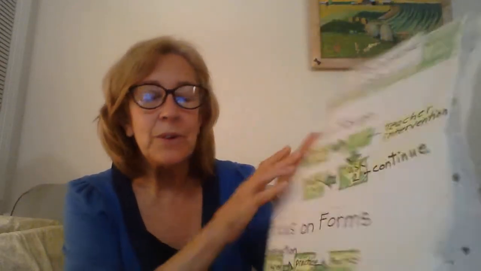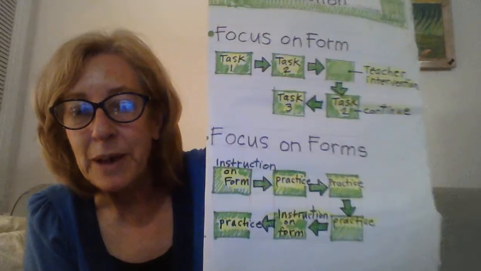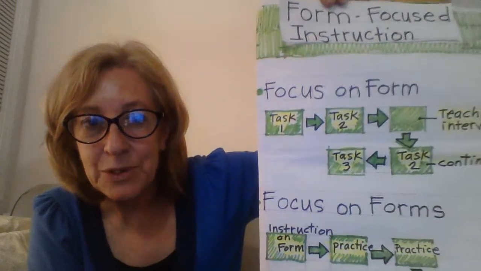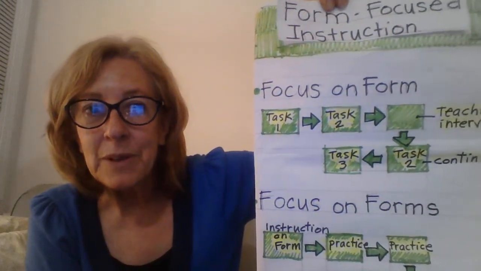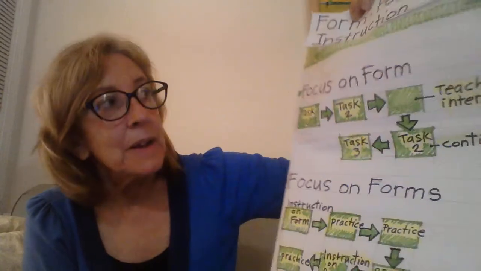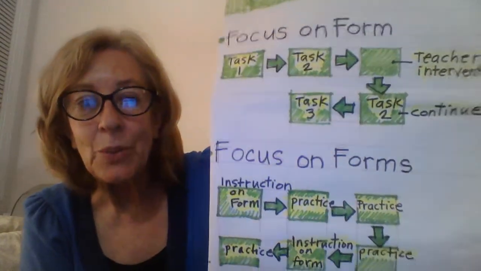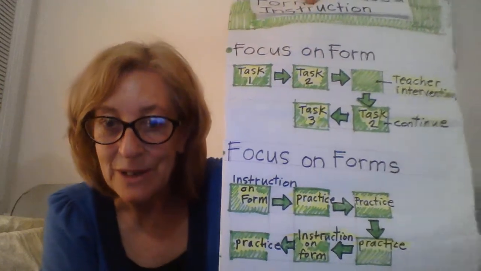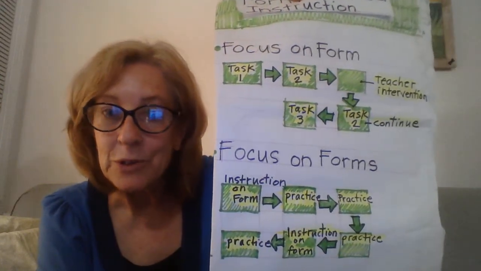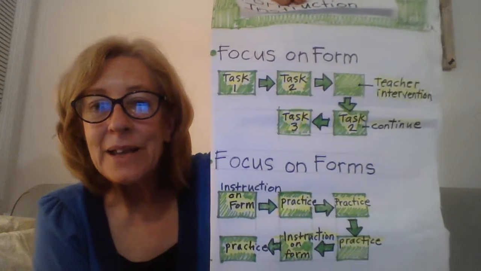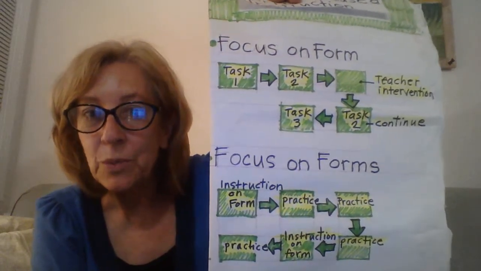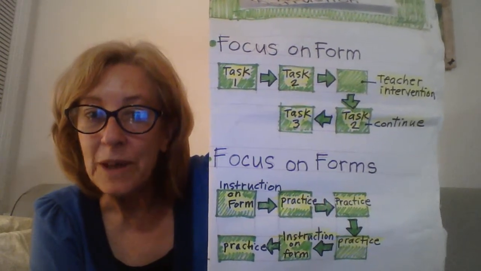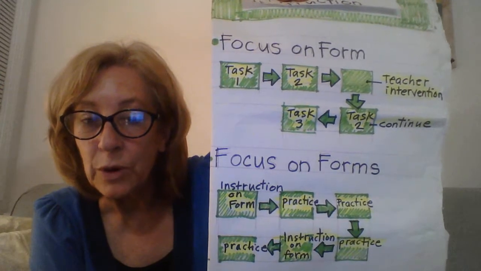And then the chapter goes on to talk a little bit about form-focused instruction in the classroom. And so again we want this idea of bringing the student's attention to form. And so there are a couple of different approaches. One is focus on form, and the other is focus on forms.